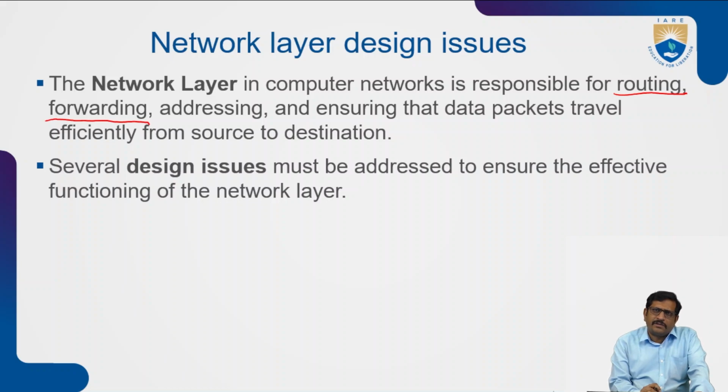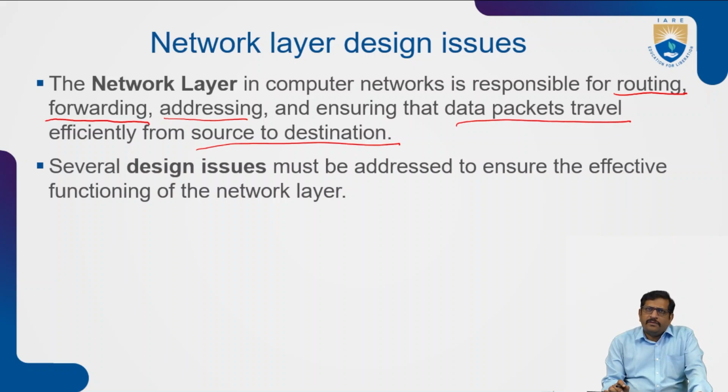And also addressing. Forwarding means host to host communication can be done. Addressing is also the responsibility of the network layer, which ensures that data packets are delivered and travel efficiently from source to destination.